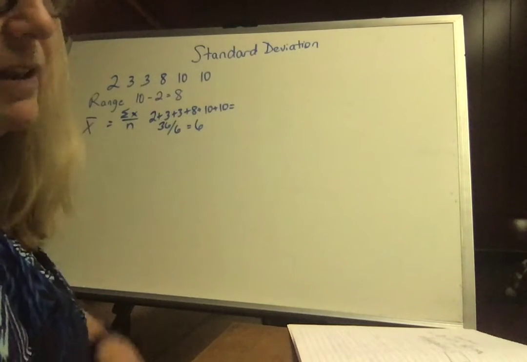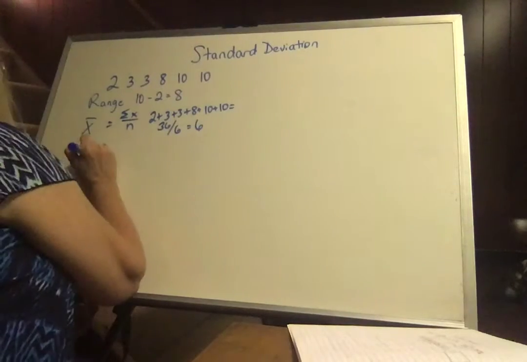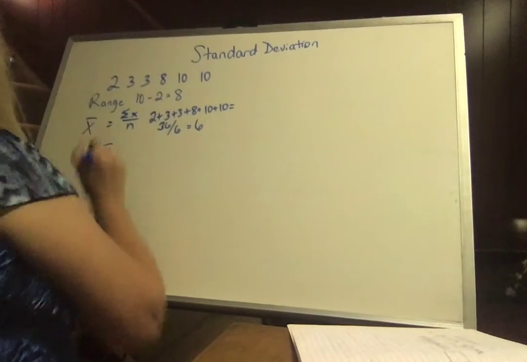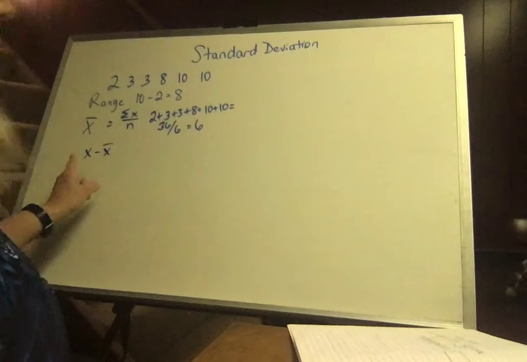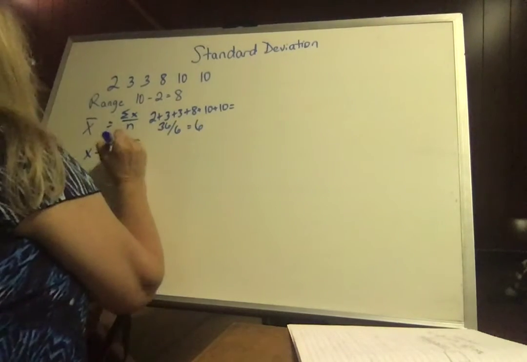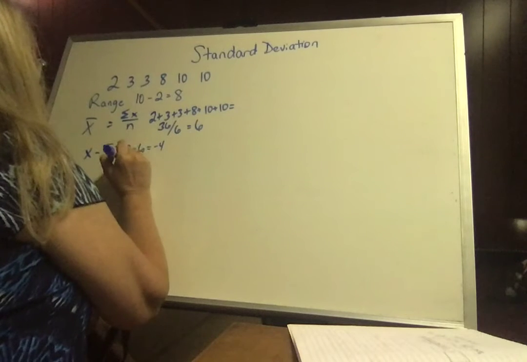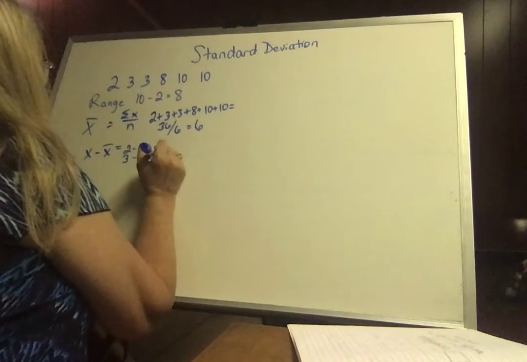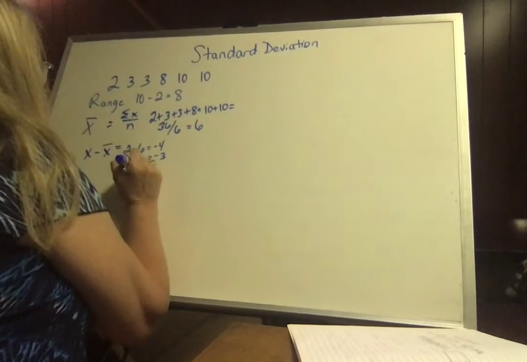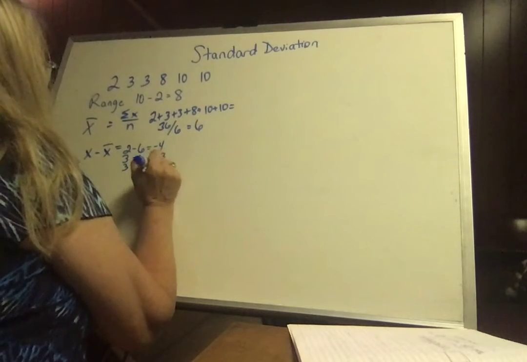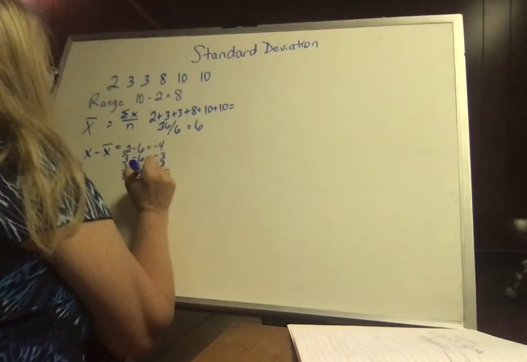Then we're starting looking for how far they vary. So let's first start by finding the number minus the mean. First number minus 6 equals -4. Second number minus 6 equals -3. Third number the same. Fourth number minus 6.